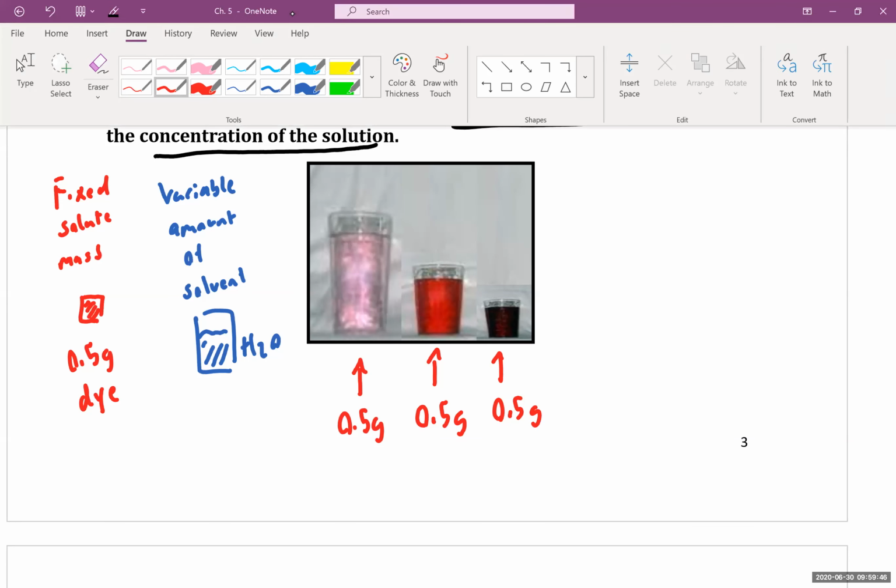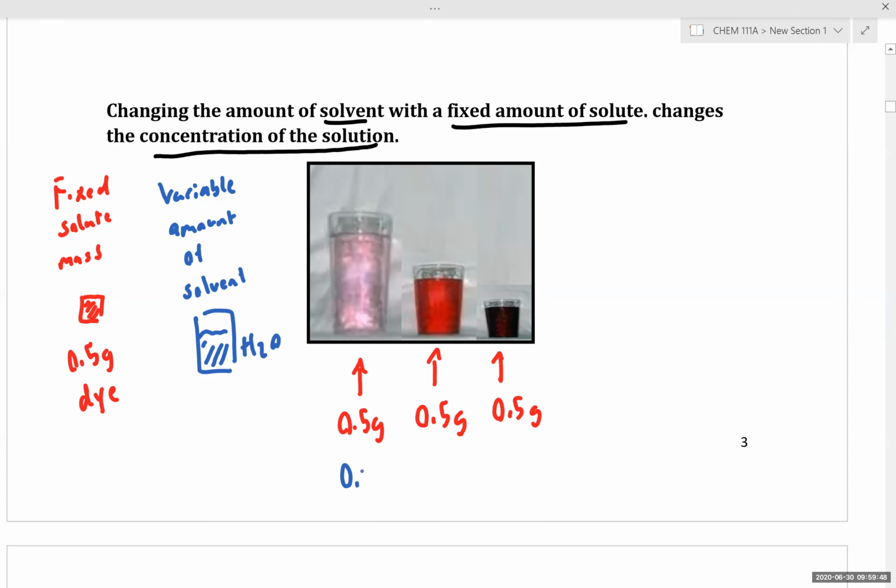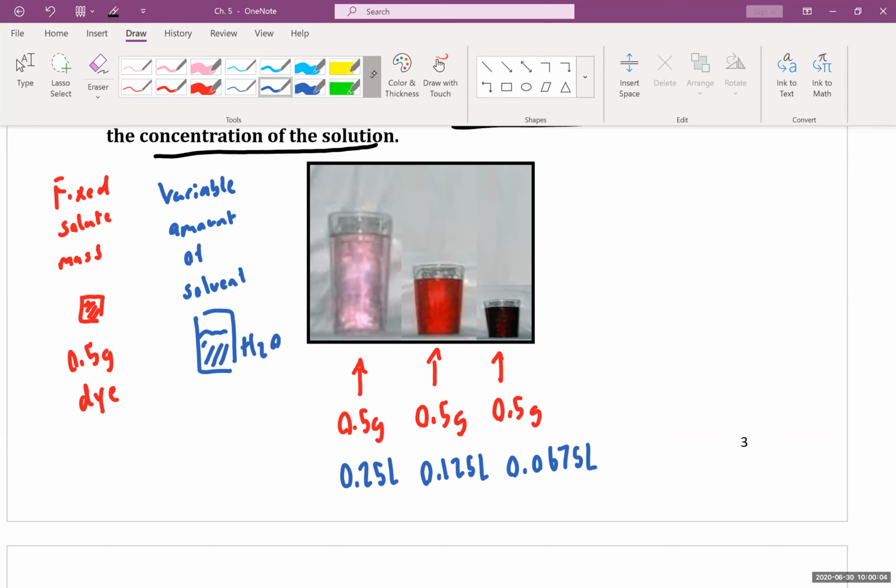In our most dilute case, we have this in 0.25 liters. In the second case, we have it in 0.125 liters. And in the third case, we have it in 0.0675 liters.